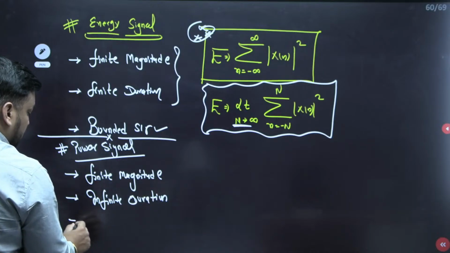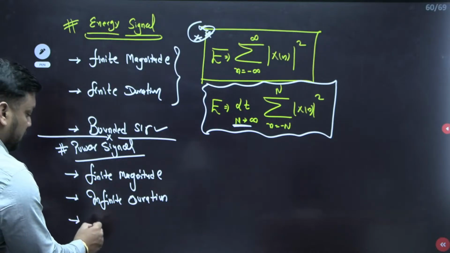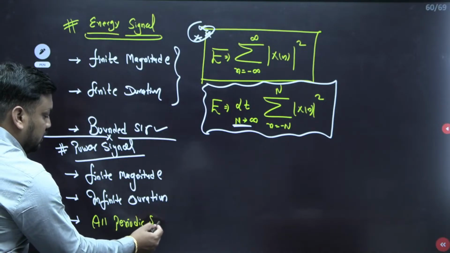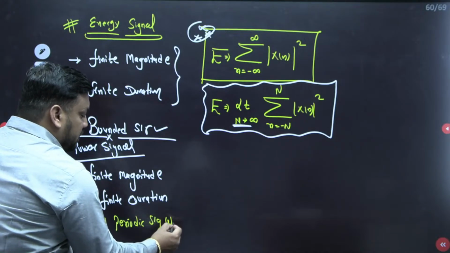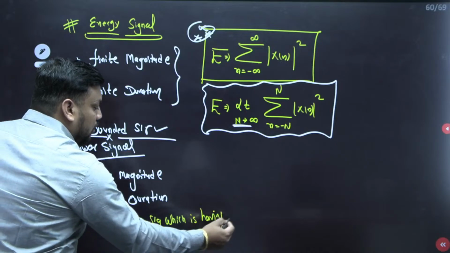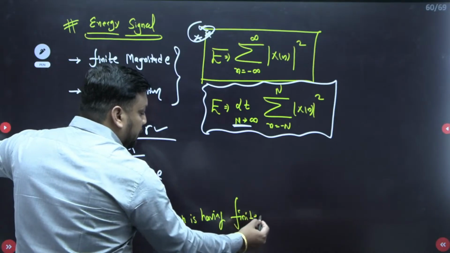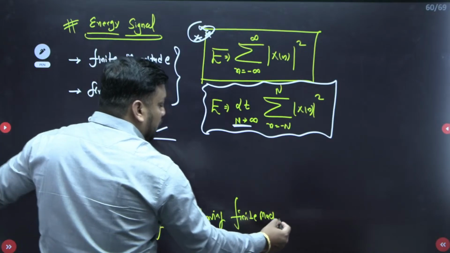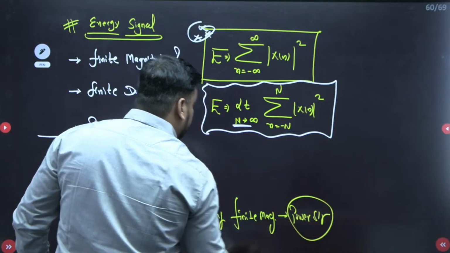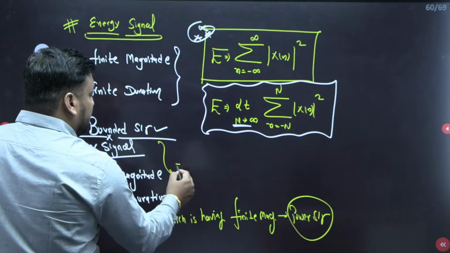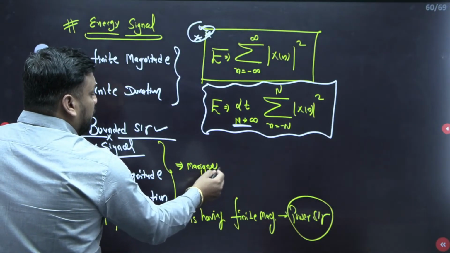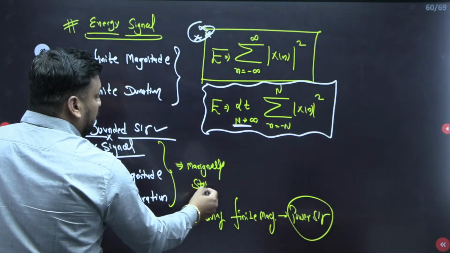You can say that all periodic signals which have finite magnitude are always power signals. And power signals, you can say, are a marginally stable type of signal. It will be marginally stable or marginally bounded.